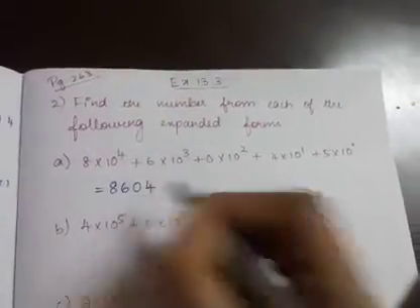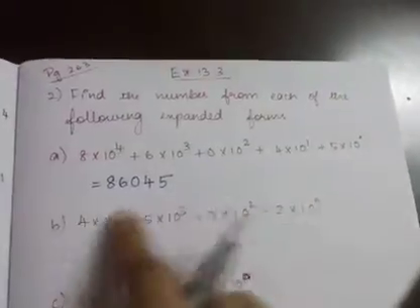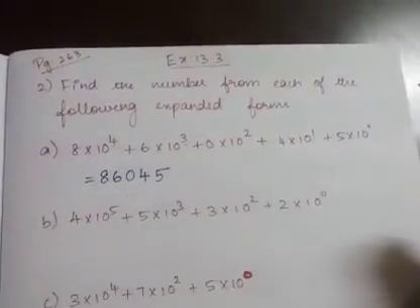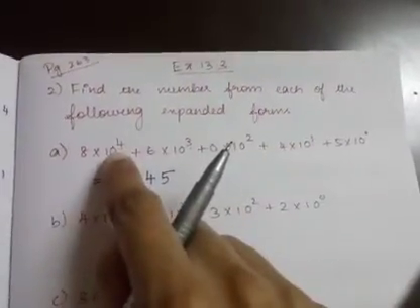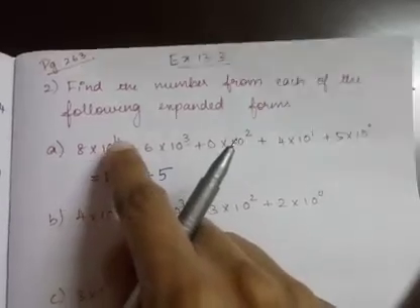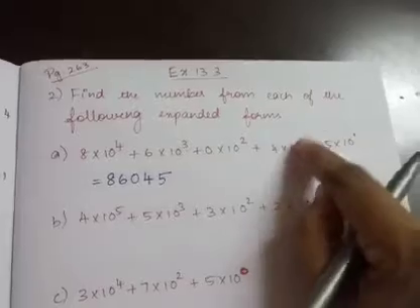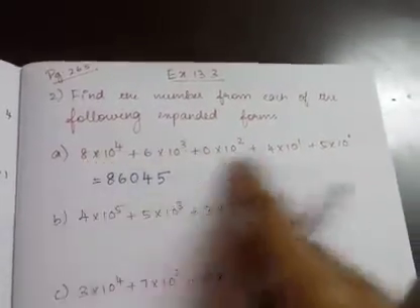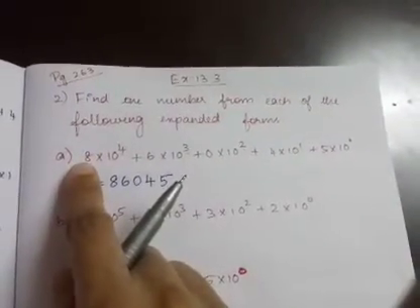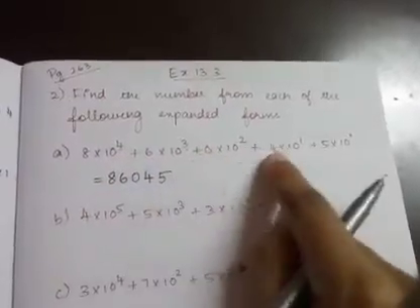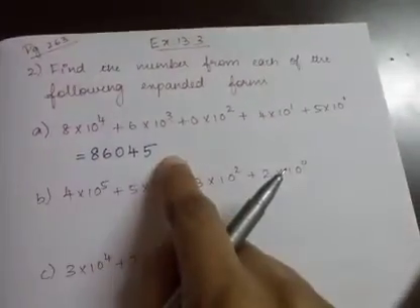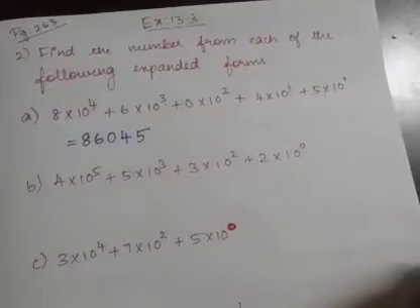Next 4. Next 5. I am writing this number like this because there are no missing powers. 10 power 4 is there, 10 power 3, 10 power 2, 10 power 1, 10 power 0. So you can straight away write the number like this: 8, 6, 0, 4, 5. So this is your number for this expanded form.